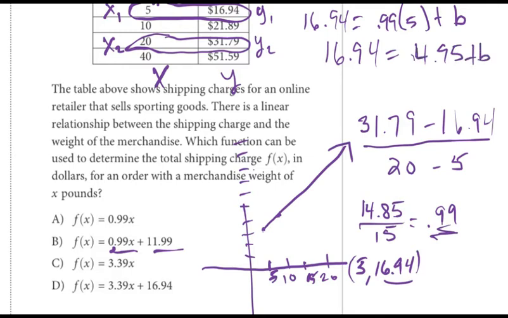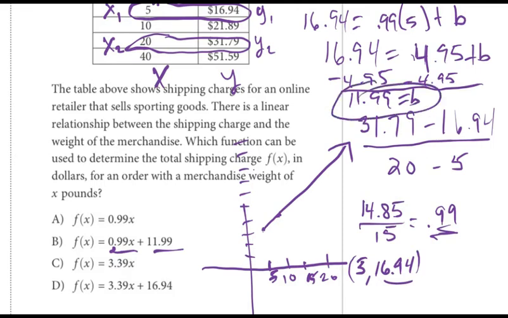Let's subtract the 4.95 from each side, and we will wind up with our b. Subtract 4.95, and that gives us 11.99, which is our b. And for y equals mx plus b, that's our b, and that is our m.